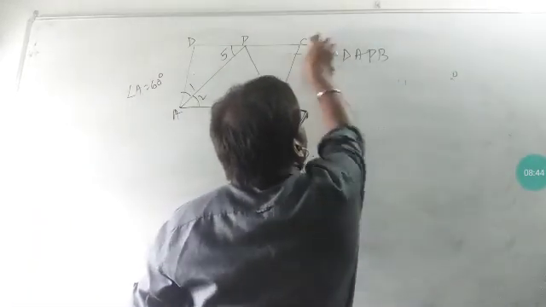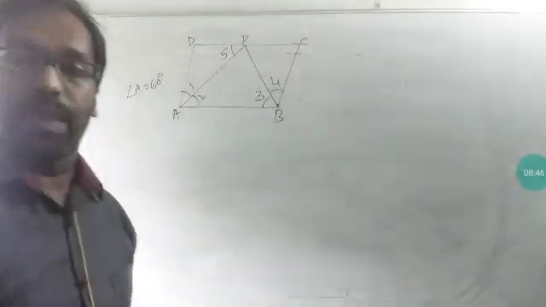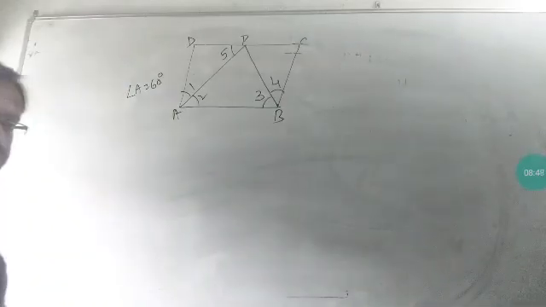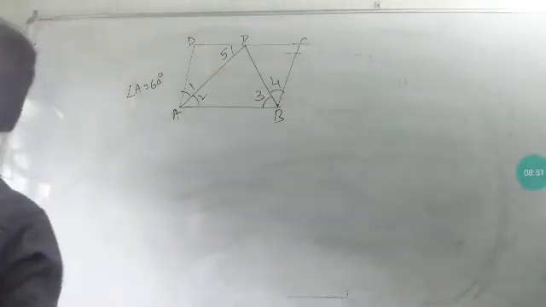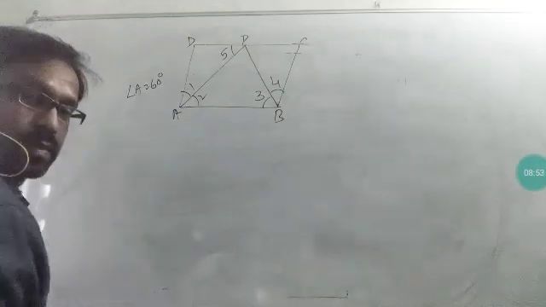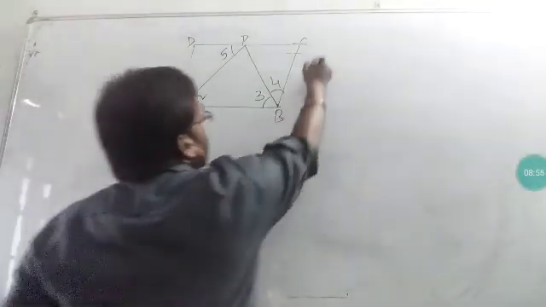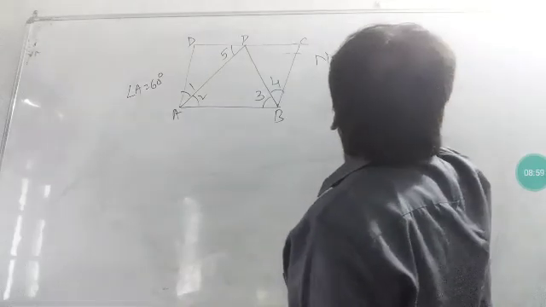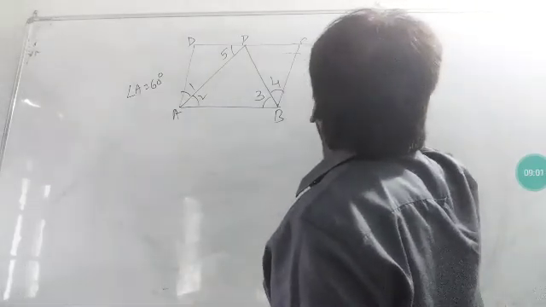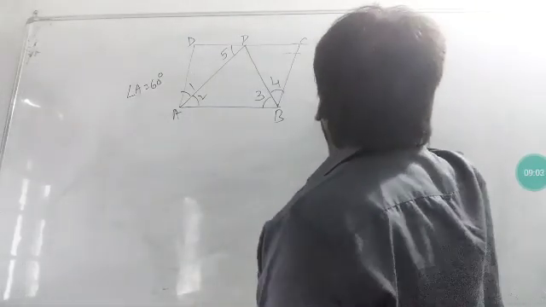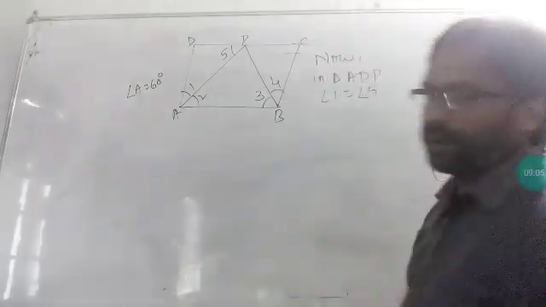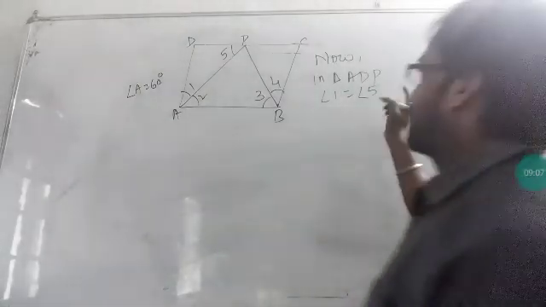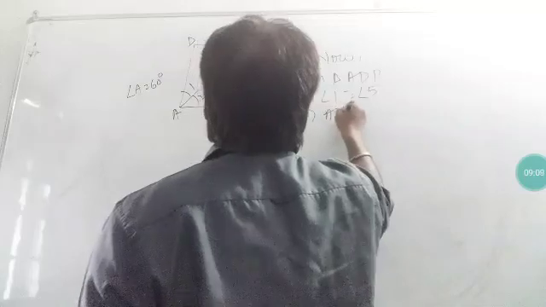So triangle APD is an isosceles triangle. Now in triangle ADP, angle 1 is equal to angle 5, that means AD is equal to DP.